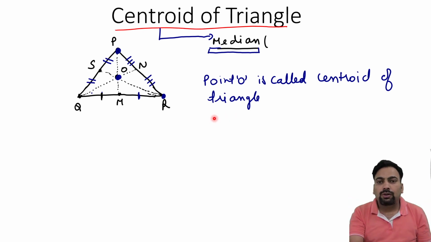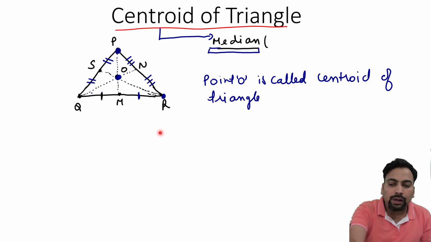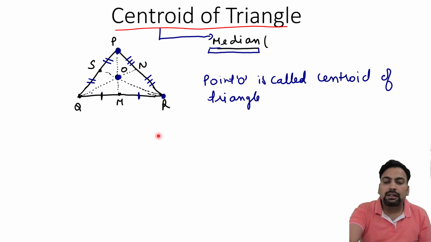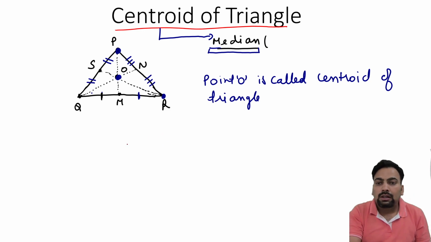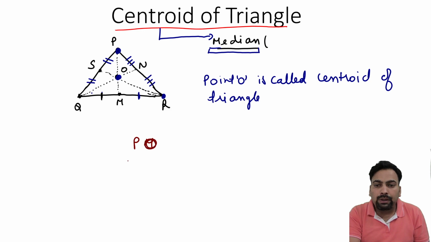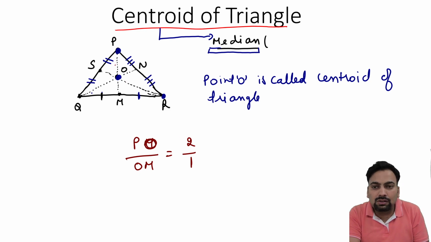One more important point: the centroid of a triangle divides the median in the ratio 2:1. For example, PO divided by OM is 2:1. This is 2 and that is 1.